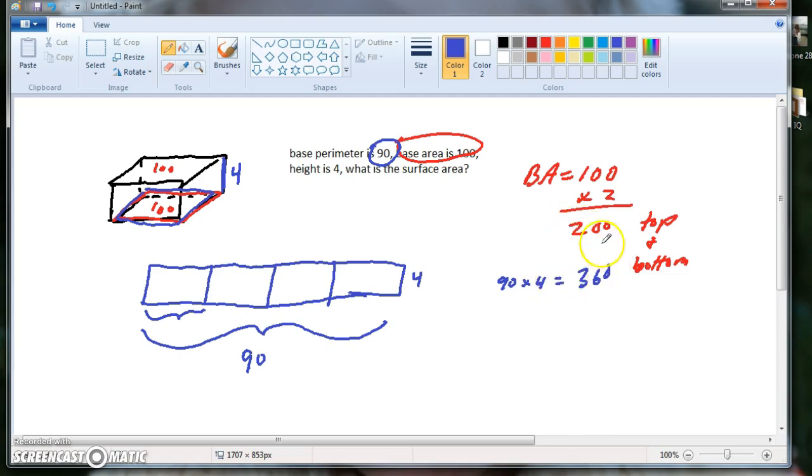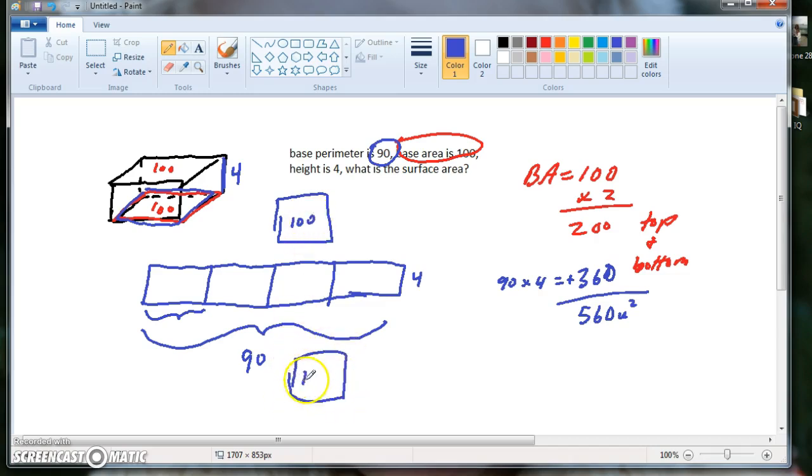So we have the 200 plus the 360, 560 units squared, because we have the top for 100 and the bottom for 100.